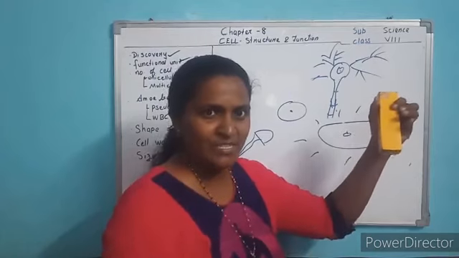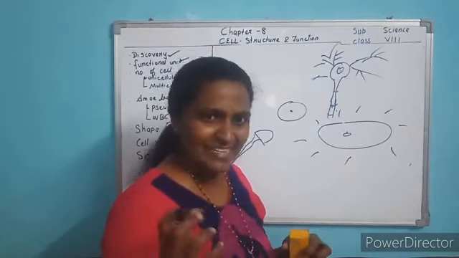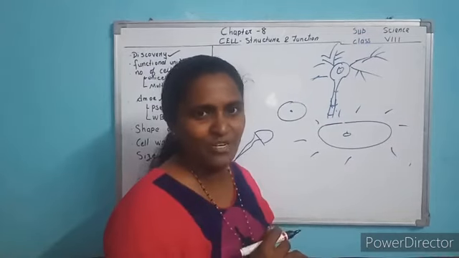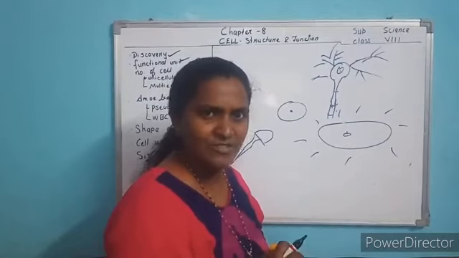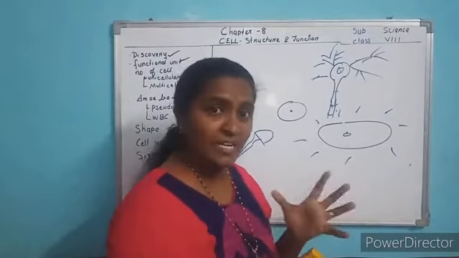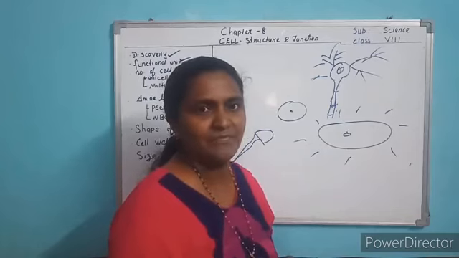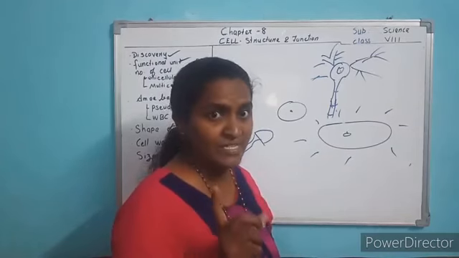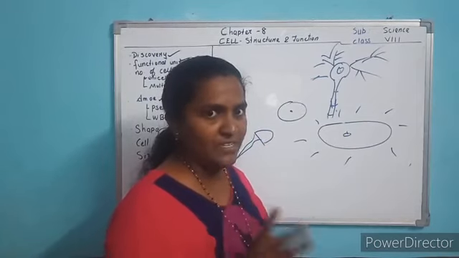Why is it long? Because it has to transfer messages and receive messages from all parts of the body, mainly sense organs and brain. Understood? So depending upon the function, the shape of the cell also varies. I told you WBC, that is leukocyte or lymphocyte, its shape is not fixed.